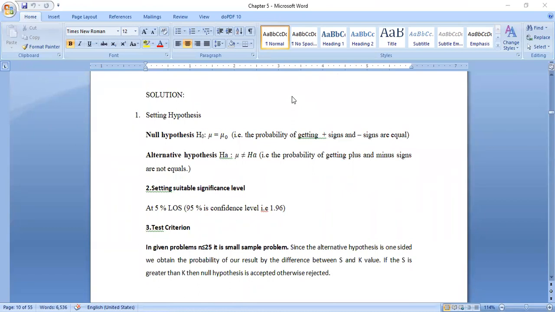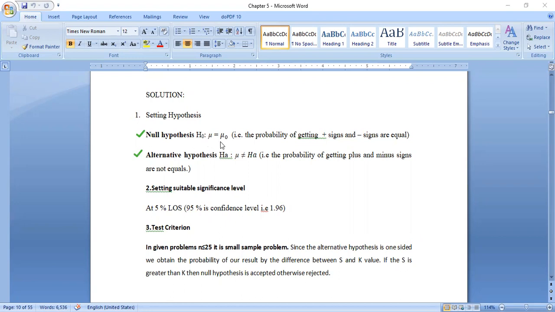Setting hypothesis, this is a common step, already we have discussed a number of times. In setting hypothesis, the first one is the null hypothesis and the next one is the alternative hypothesis. These two things we need to observe. Here A is the null hypothesis and B is the alternative hypothesis.